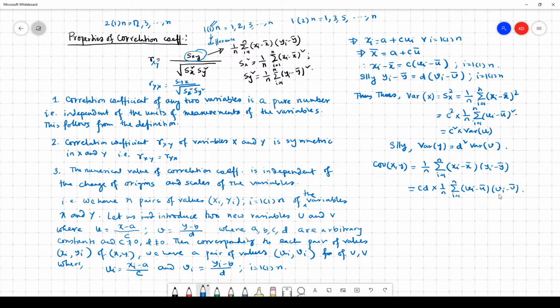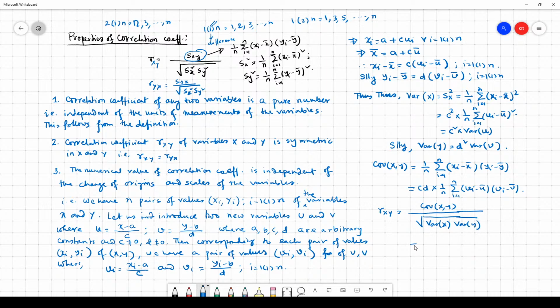Okay, so Rxy, the correlation coefficient between x and y, is covariance between x and y by root over variance of x into variance of y.